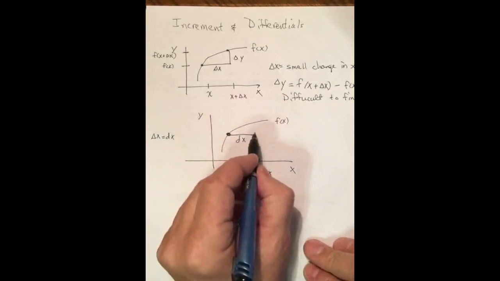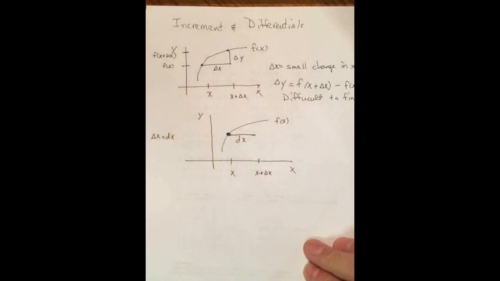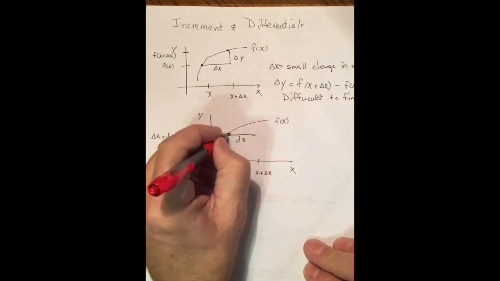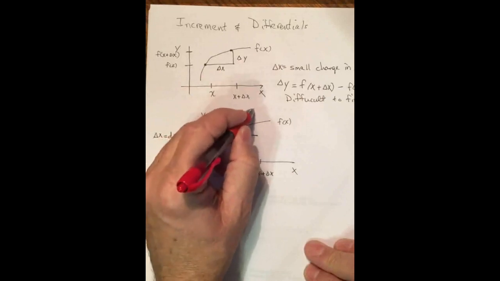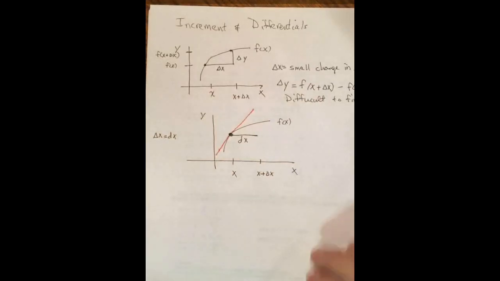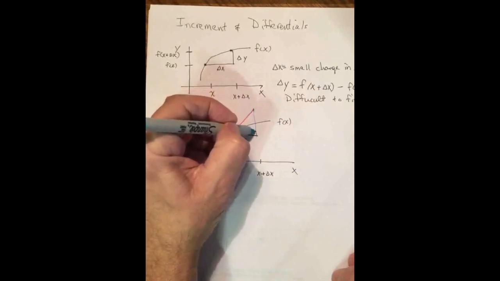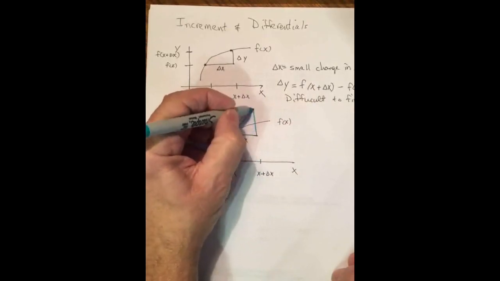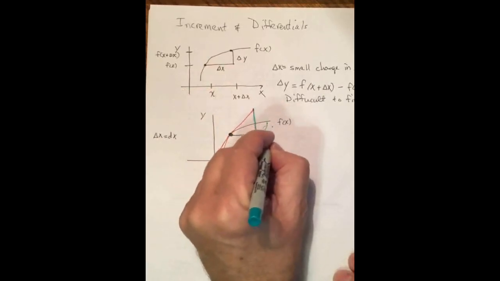Now, instead of looking at the distance delta y, which is the true change in y given a small change in x, what we want to do is go back here and look at the tangent line to the curve. We'll draw that in red. So there's the line tangent to the curve. And the distance here from the line tangent to the curve down to the original y value, that's going to be our differential dy.